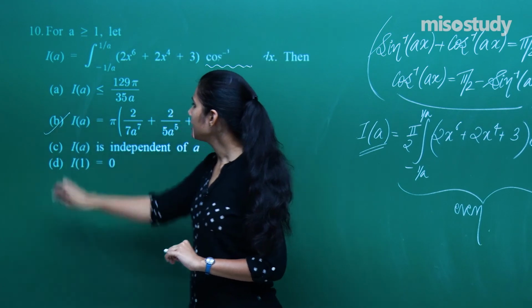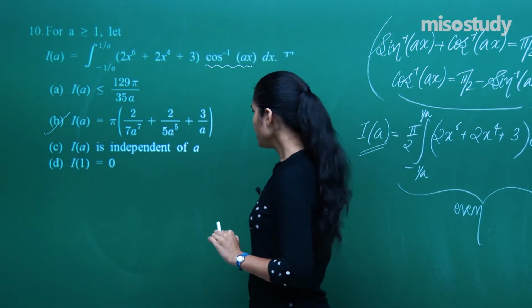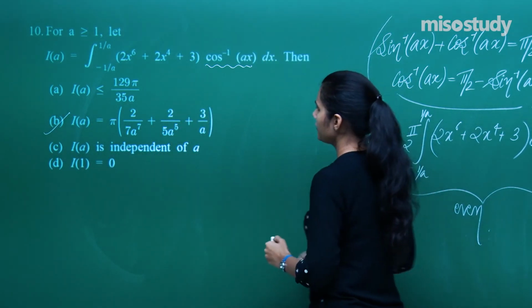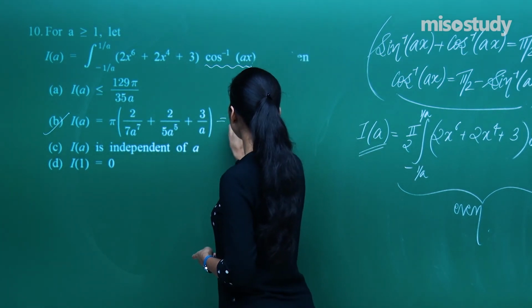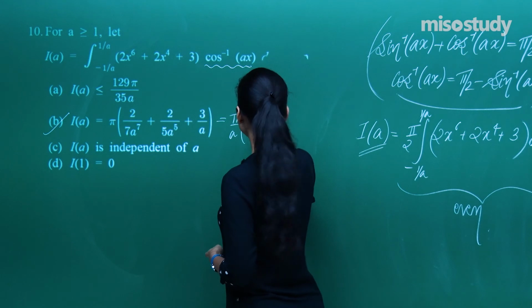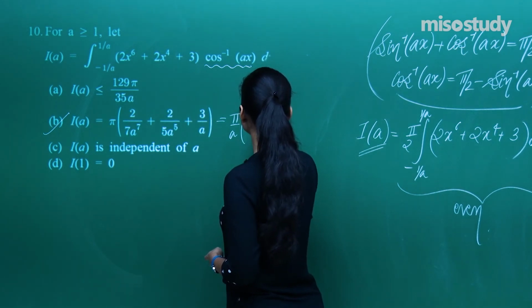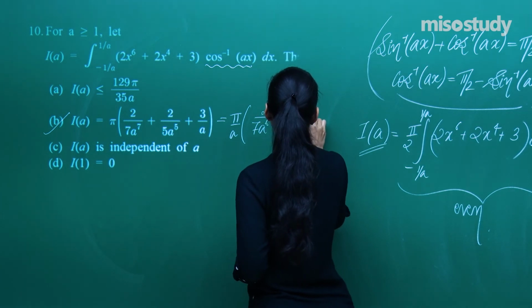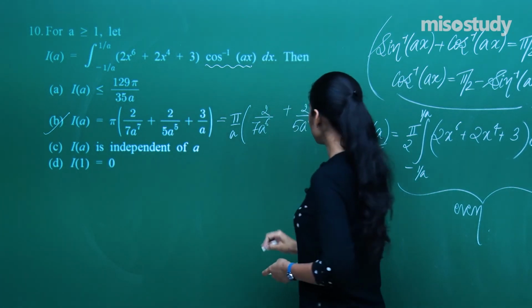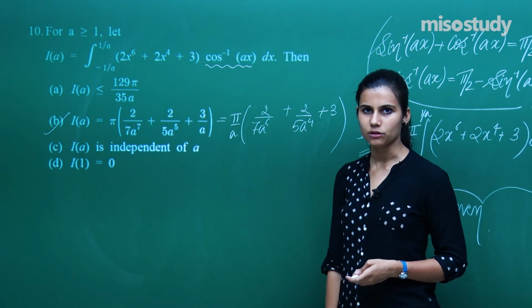So this is definitely correct. Now one more thing, I can extract 1 by a out. I will be left with pi by a, and I'm going to have 2 upon 7 a to the power 6 plus 2 upon 5 a to the power 4 plus 3. 1 by a has been extracted out.